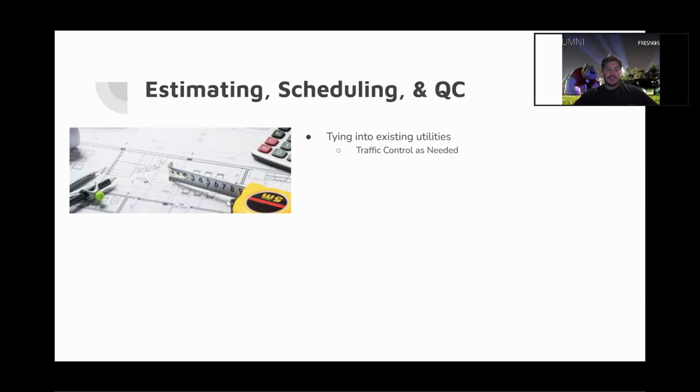In scheduling the work, you want to get all your utilities in prior to any erection and vertical construction. This way scaffolding or framing is not impeding, because you need a lot of space for laydown around the building. So you want to get your underground in first prior to the vertical aspect of construction.